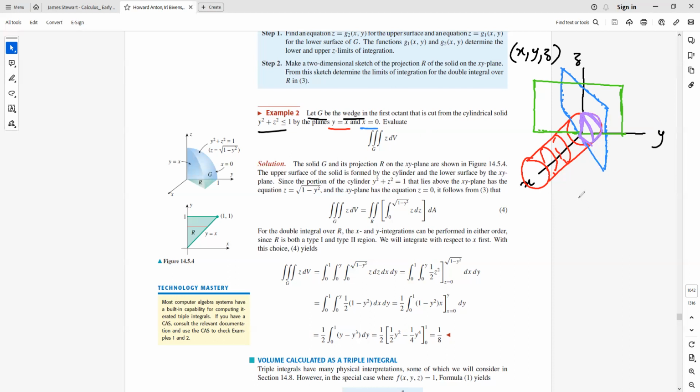So if I draw it separately here, we can see that it looks like this.